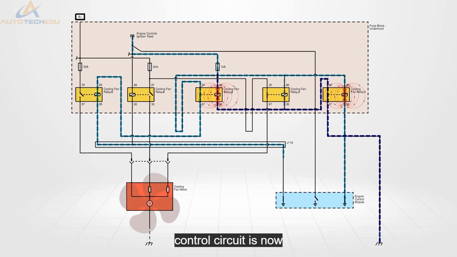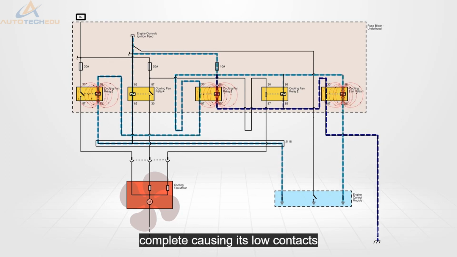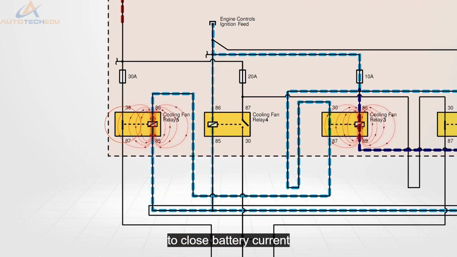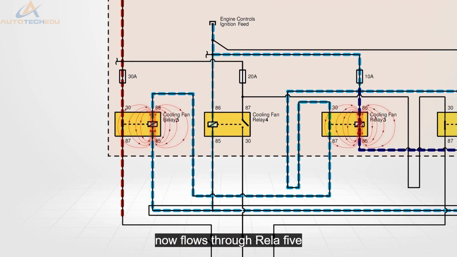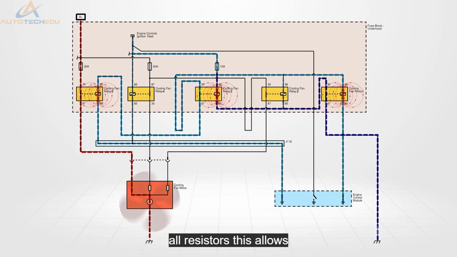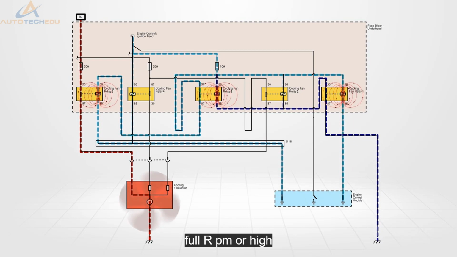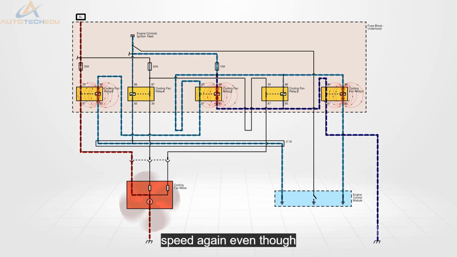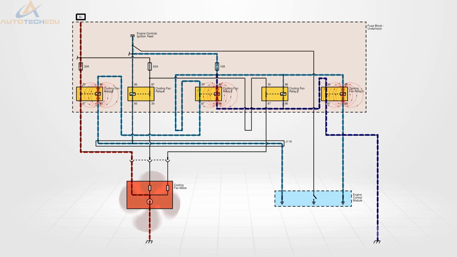Relay 5's control circuit is now complete, causing its load contacts to close. Battery current now flows through relay 5 to the fan motor, bypassing all resistors. This allows the motor to operate at full RPM or high speed. Again, even though other relays are engaged during high-speed operation, they have no bearing on the high-speed circuit.